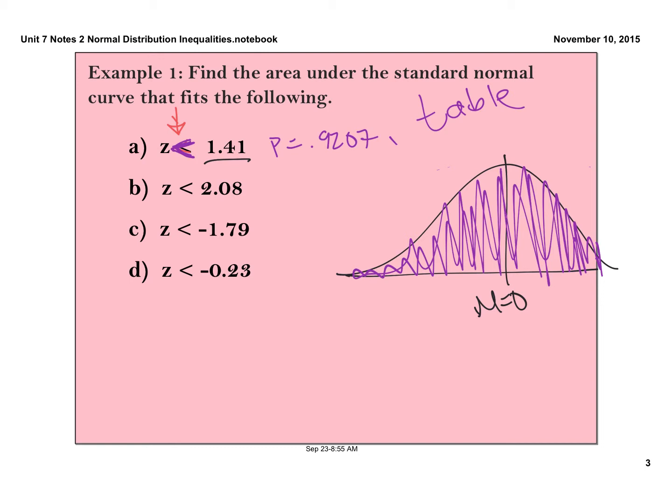If you look at that purple region again, we should expect it to be kind of a big region. So for 2.08, I'm looking at 0.9812 for a probability there. So P equals 0.9812. So that means that this region right here is 98% of our data, 98.12% of our data.